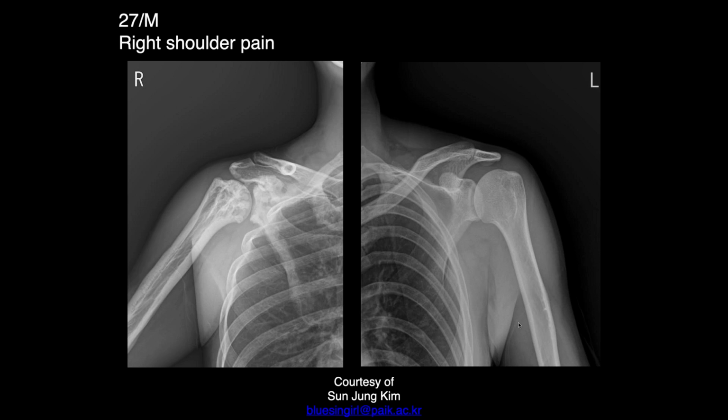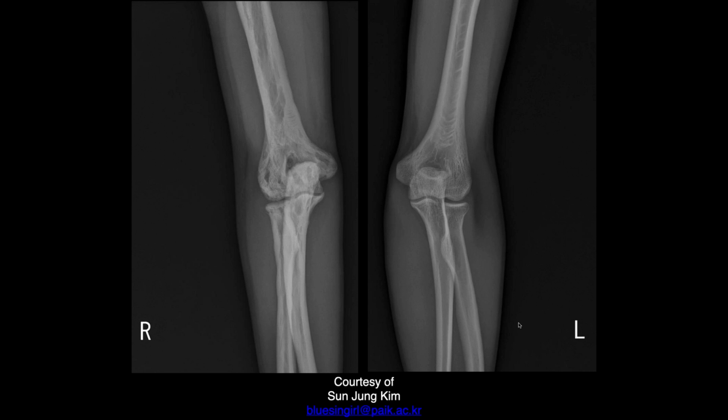Michael, what do you think of this case? Alright, so it's right shoulder pain. On the left we see a normal shoulder, and on the right we have a heterogeneous appearance of the humeral head and the glenoid, both lytic and sclerotic. So you have cortical thickening, a lot of endosteal irregularity, and thickened trabeculae in the metaphyses.